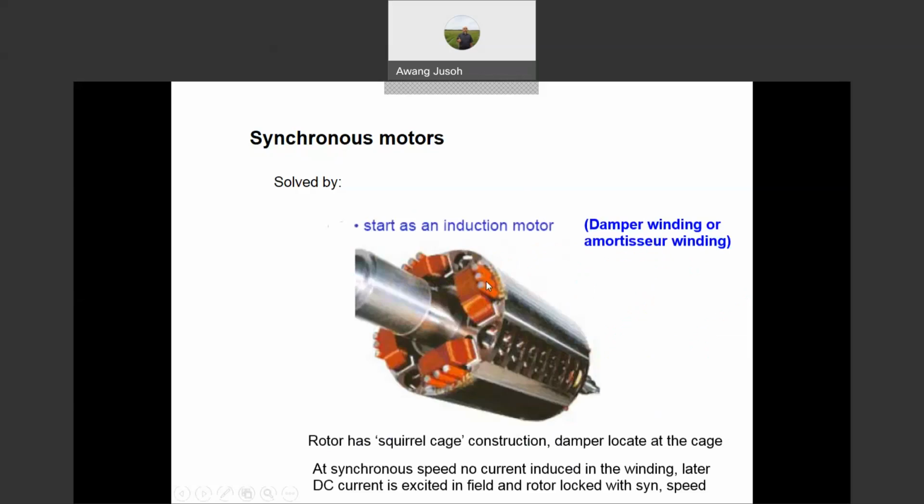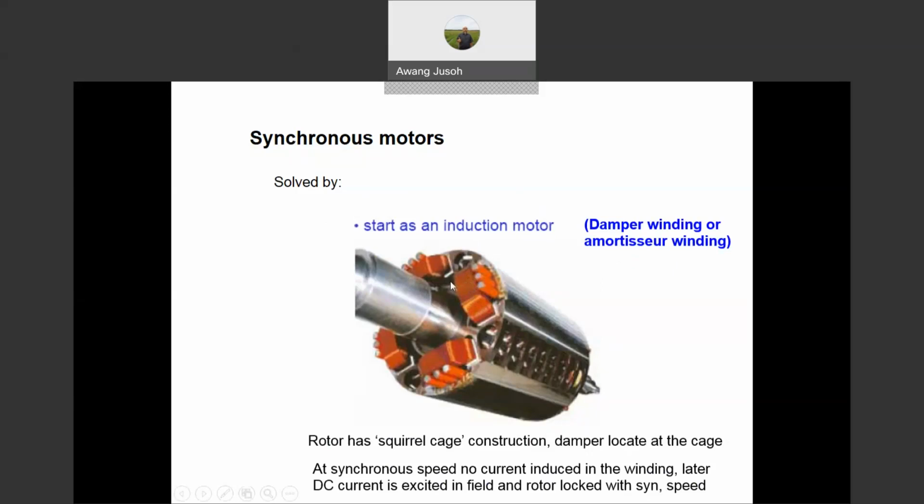Because of that, we can use a special damper, or amortisseur winding, placed somewhere on the rotor side, so that the rotor can reach a speed similar to the synchronous speed.